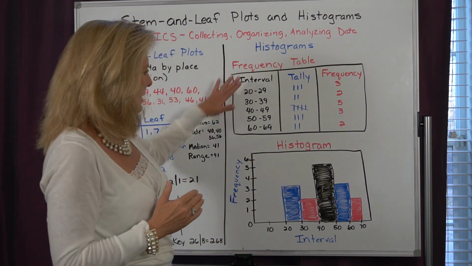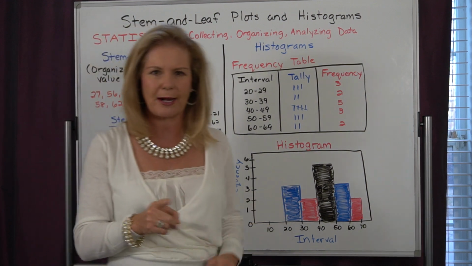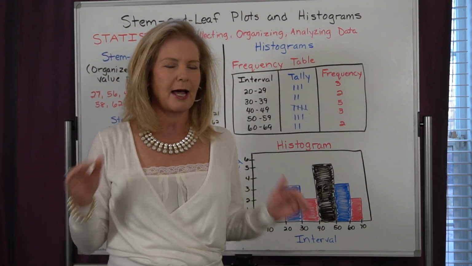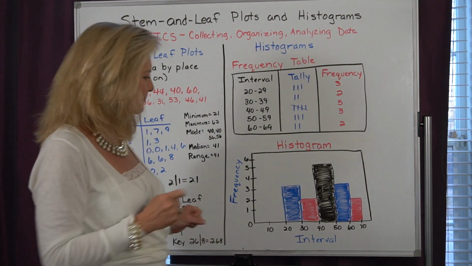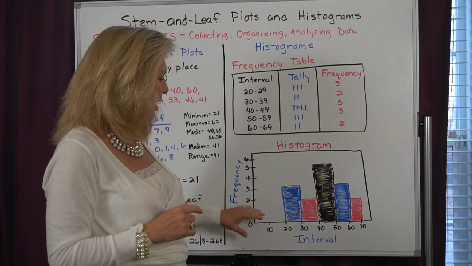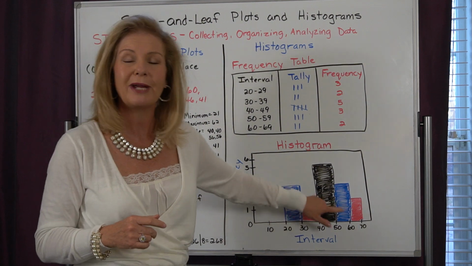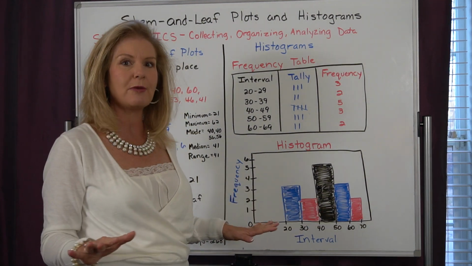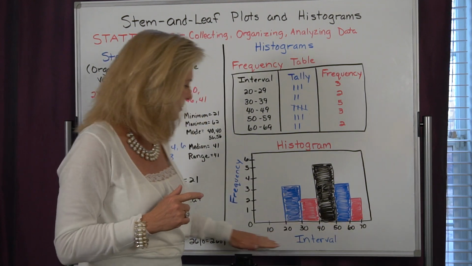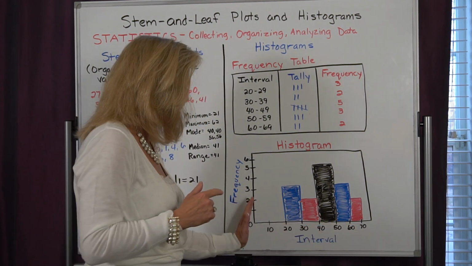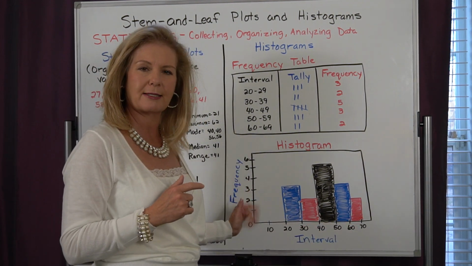From there, I create what's called a histogram. Now, a histogram looks an awful lot like a bar graph, but it is not. You'll see some differences here. Number one, on bar graphs, we usually have spaces between the bars. Histograms, you never do. And the reason why is because a histogram is made up of 2 number lines. I have a number line across the bottom and a number line across the side.